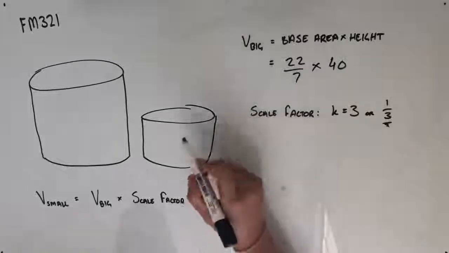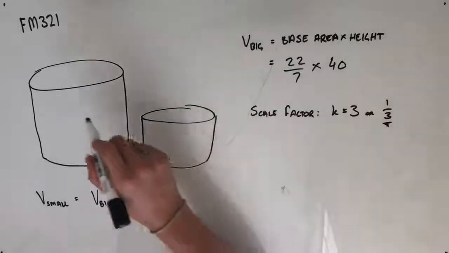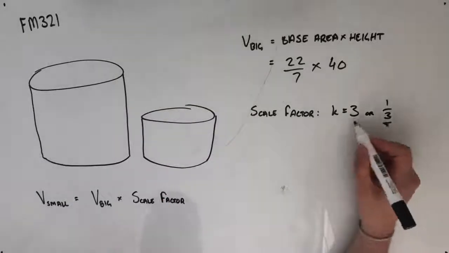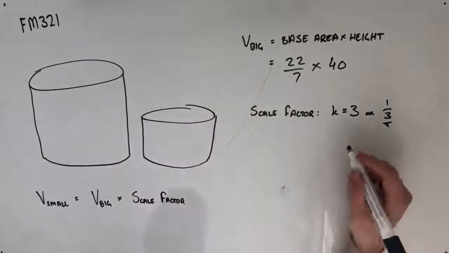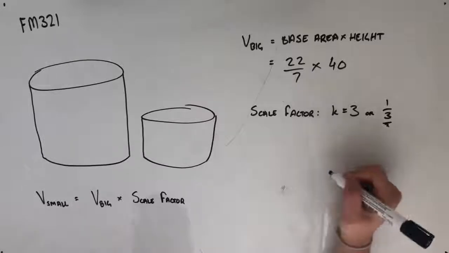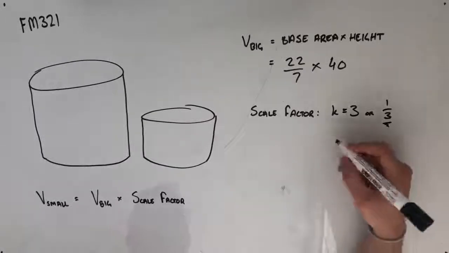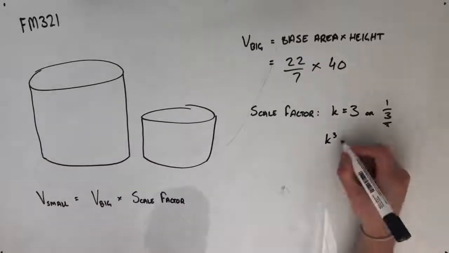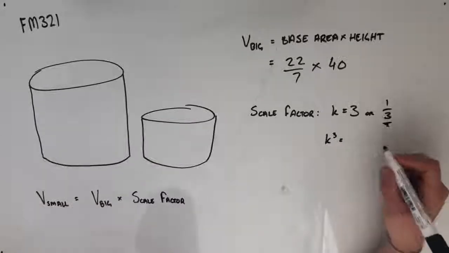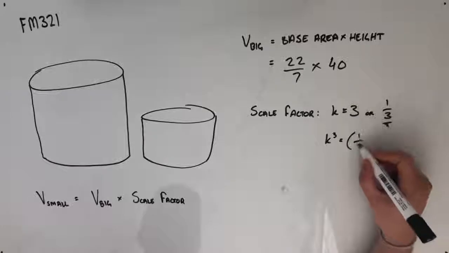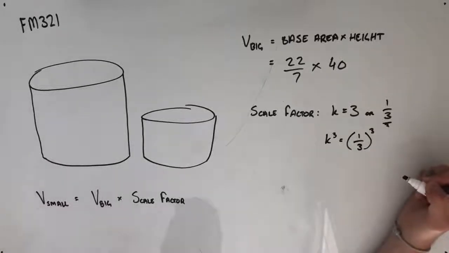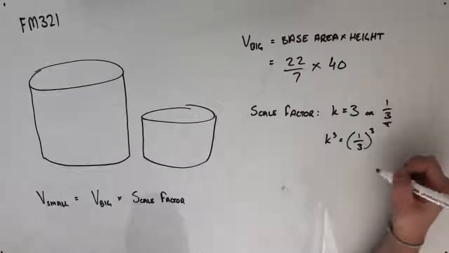So if I was only looking for the radius, how the radius changes between these two cylinders, I would use this 1/3, or 3 if I was going up. However, we're looking to change or look at the volume. So if we're going to scale using the volume, we need to use K cubed. So K cubed, since we're scaling down, is going to mean that we're using 1/3 to the power of 3, or 1/3 cubed.